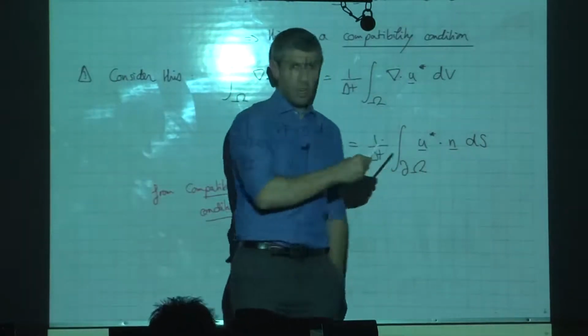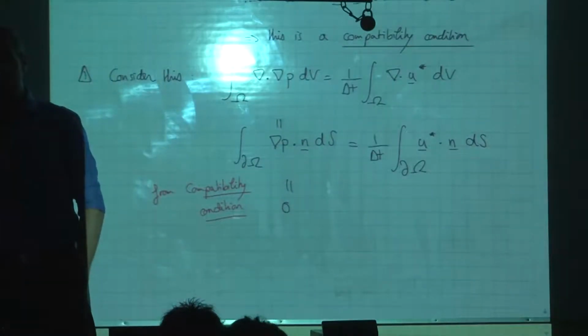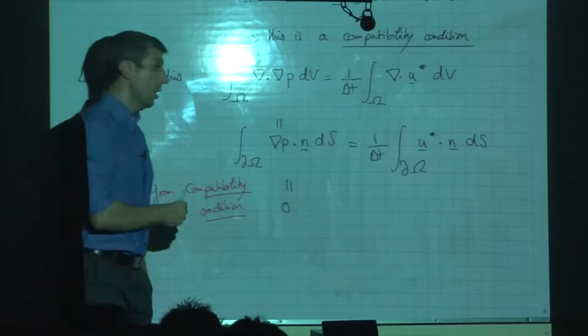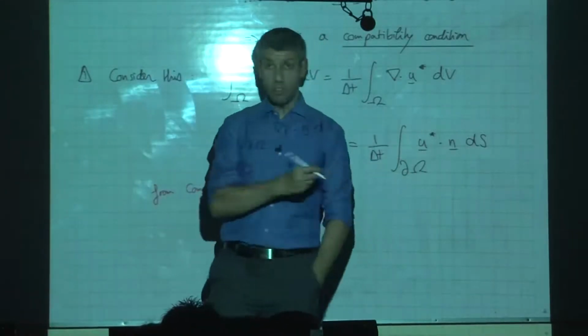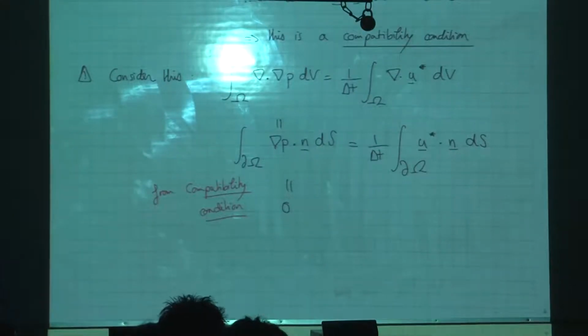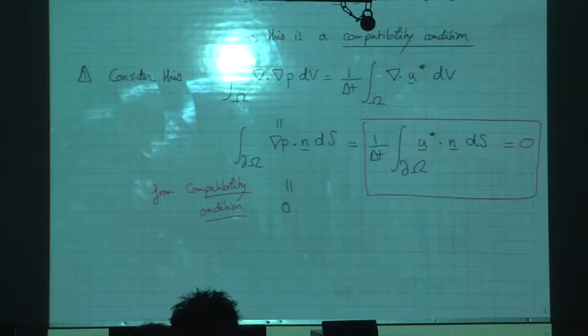So I have to make sure that whatever flow is coming into my domain at the level of u star, my predicted velocity, has to leave somehow. Mass needs to be globally conserved at the star level. So this needs to be 0, which means this needs to be enforced.